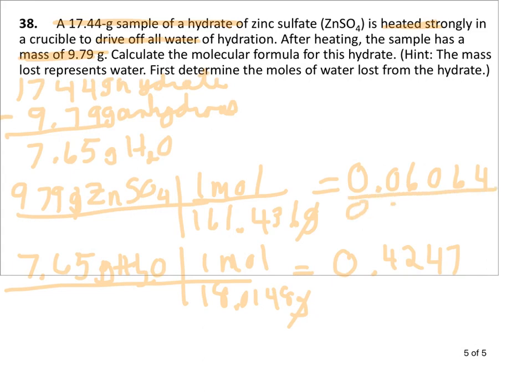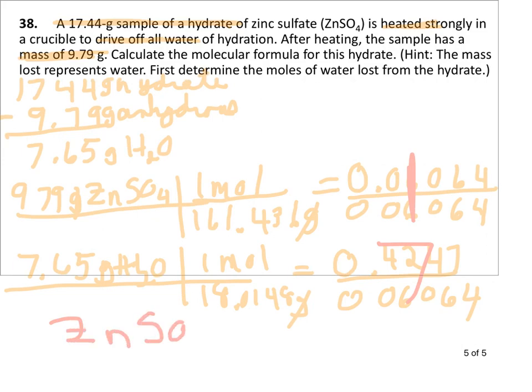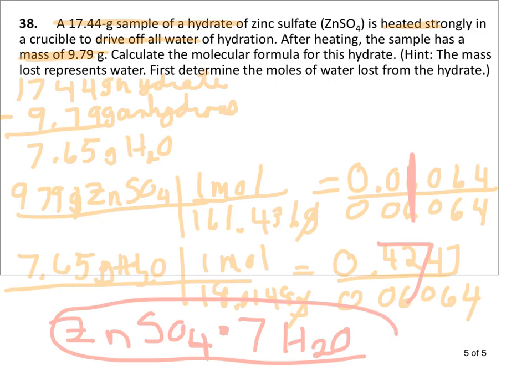Divide by the smaller one, and this time the water never should be the smaller one on these. When we're doing some of the other stuff like finding empirical formula, very similar work, any of them could end up being the smaller one. And then we get a 1 and a 7, which gives us ZnSO4 dot 7 H2O. So there's a little work we've done with hydrates.